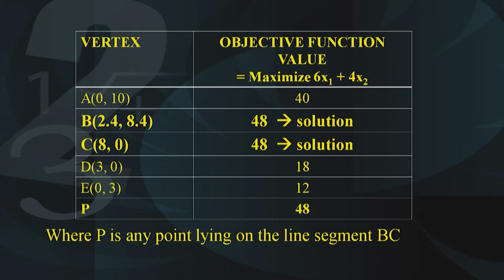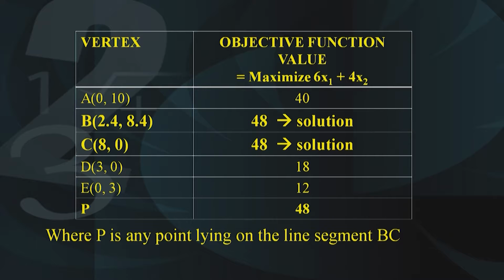At A, the value of the objective function is 40, at B it is 48, at C it is 48, at D it is 18, and at E it is 12. This implies that the highest objective function value is attained at both the points B as well as C. This indicates that the maximum value of the objective function is attained at both the points B and C.